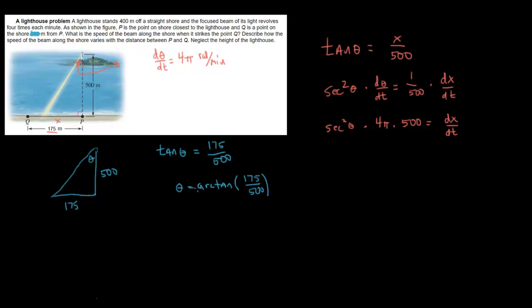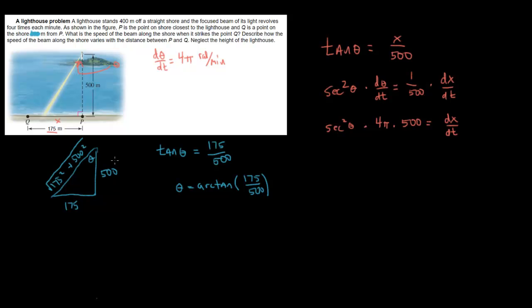My first instinct, this is probably quicker, but to get the exact same answer, what I would do maybe is say, all right, well, there's theta. What's the hypotenuse here? Well, it's the square root of 175 squared plus 500 squared. Okay, so what's secant? Well, that's the reciprocal of cosine. So what's cosine? Cosine is adjacent over hypotenuse.